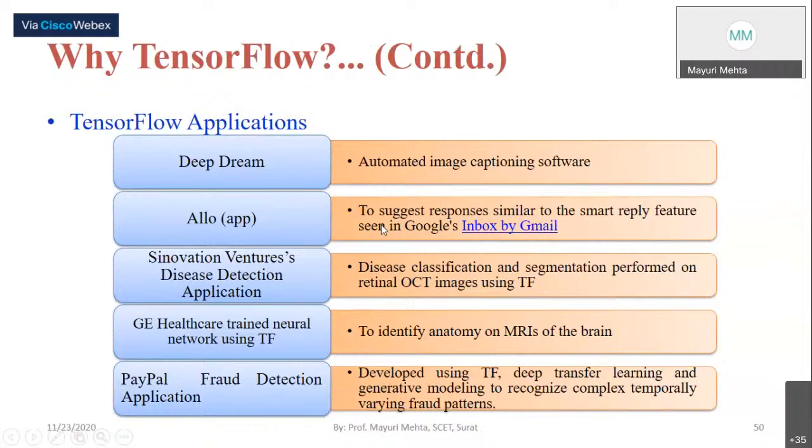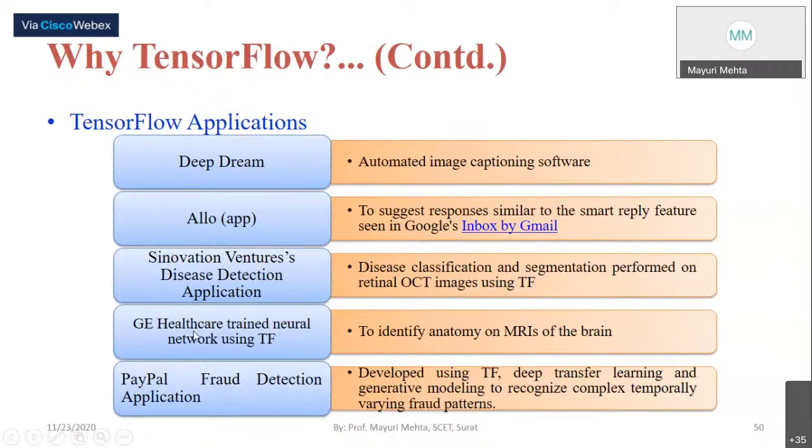Earlier it was supporting only text chat, and to suggest responses similar to the smart reply feature seen in Google's Inbox by Gmail, Allo has used machine learning, and that machine learning model of the Allo app is also developed using TensorFlow. This is also Google's service, right?